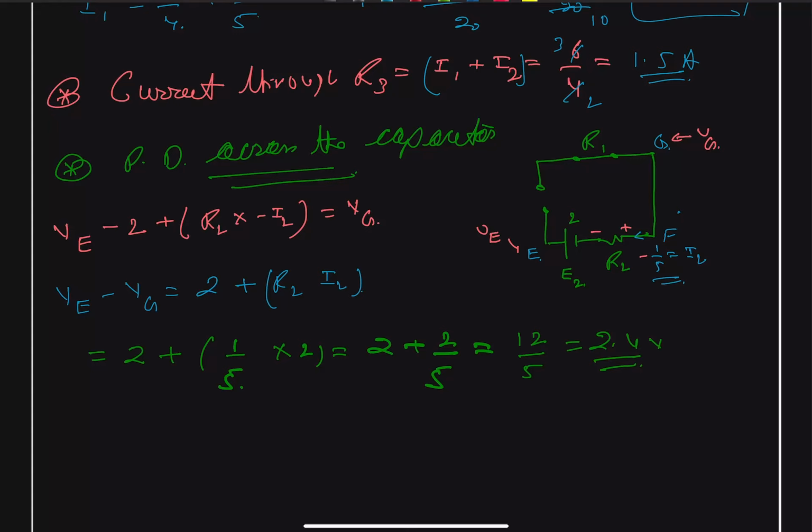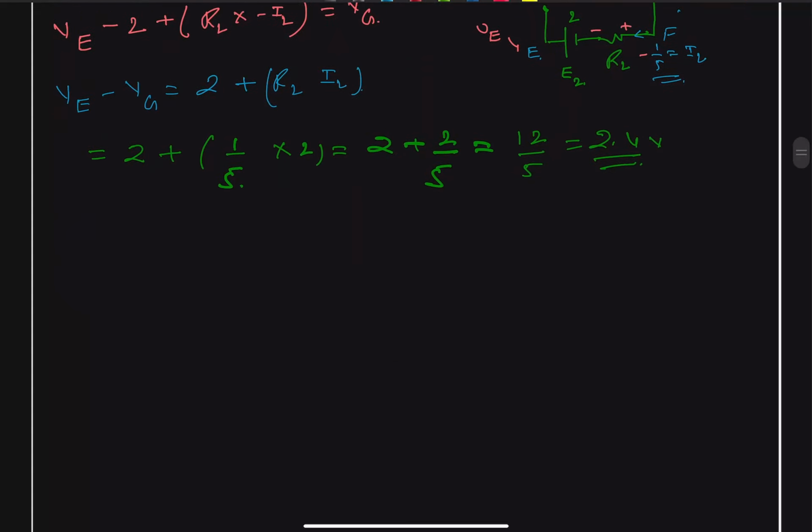Now we can easily find out the energy stored in the capacitor, that is half CV square.